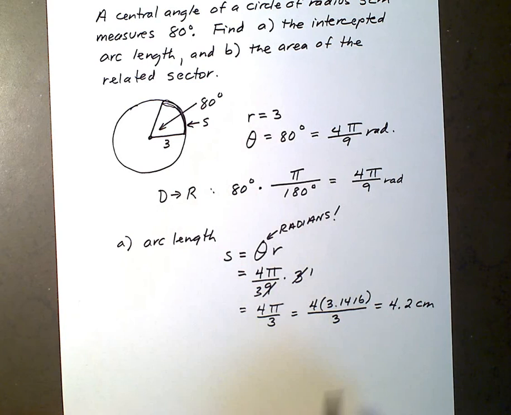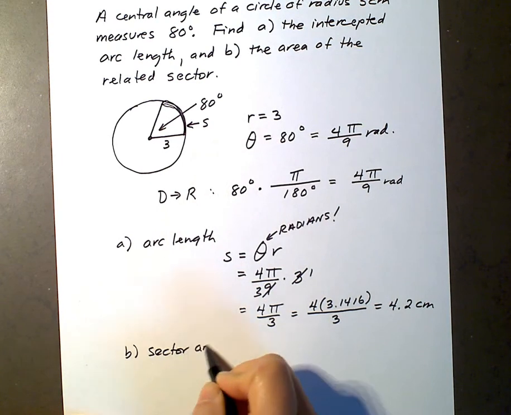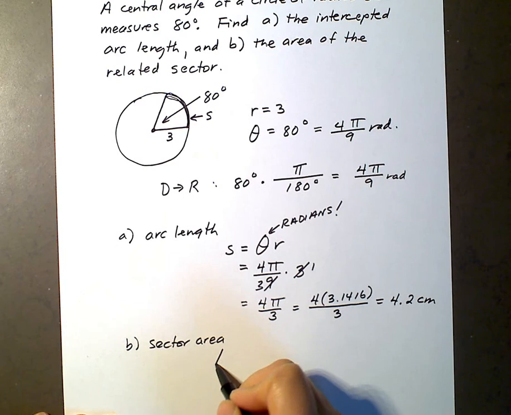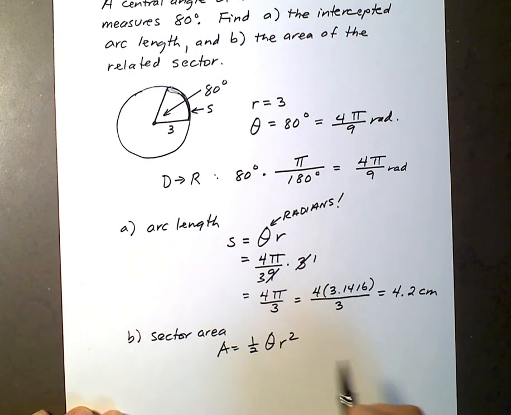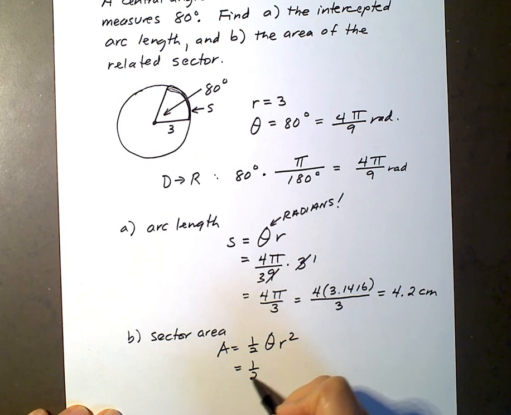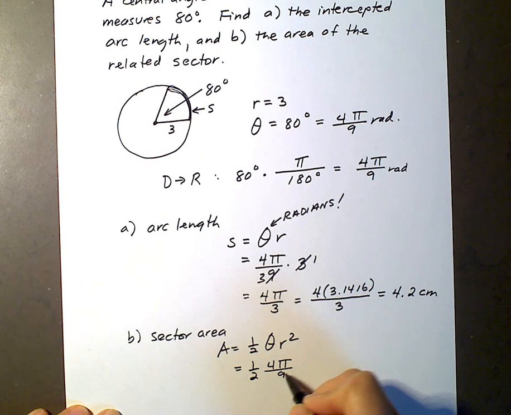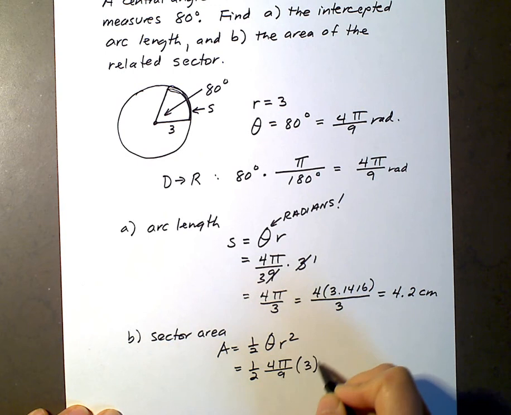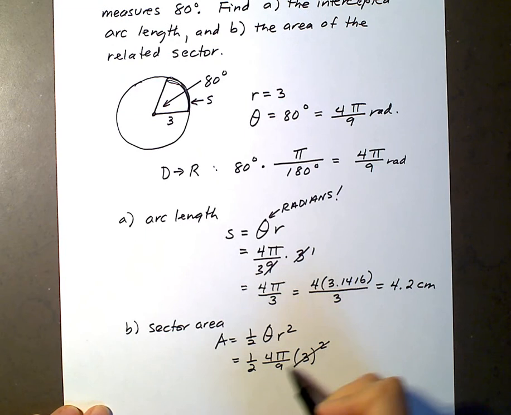Then for the sector area, I would start with my formula. The area is 1/2 of theta times r squared. So this would be 1/2 of 4 pi over 9 times the radius of 3 squared. 3 squared is 9, and that will cancel with this 9, and the 4 over the 2 is a 2.